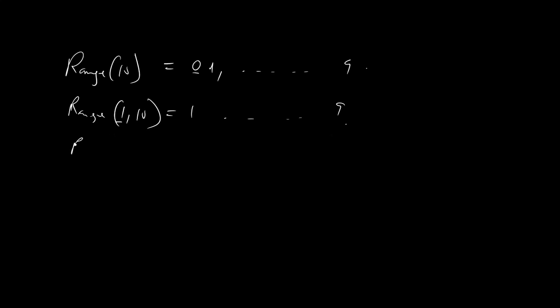If you now say range 1, 10, and you put 2 here, it means you want it in steps of 2. That means if you have 1, the next one should be 3, the next one 5, the next one 7, the next one 9, to stop at 9.